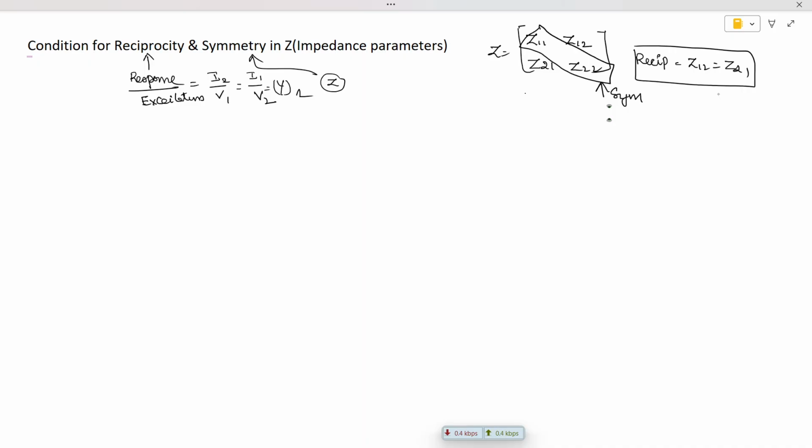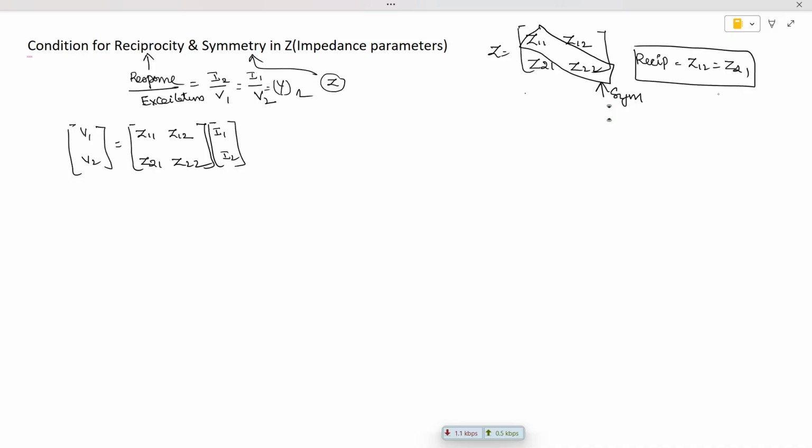First we'll solve the condition for reciprocity. So how to solve? Before solving, let us write down the fundamental equations of Z parameter. V1, V2 are the dependent variables, equal to the matrix Z11, Z12, Z21 and Z22, the Z parameters, into I1, I2.